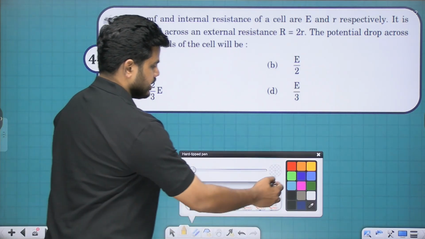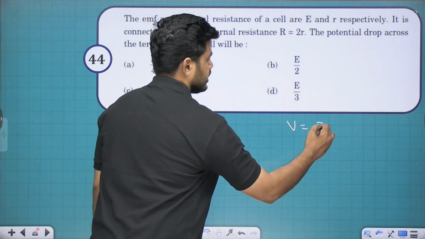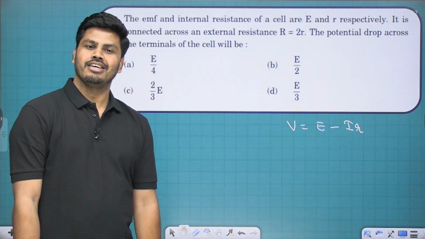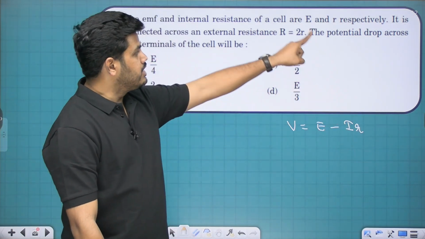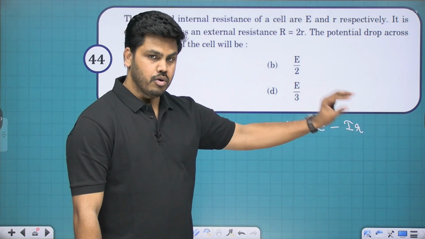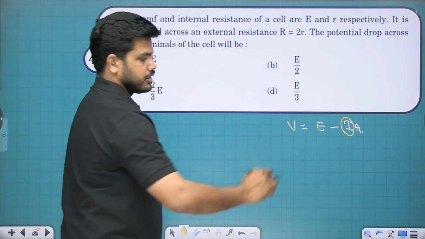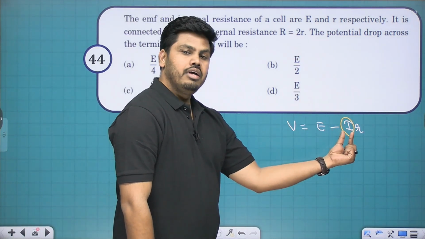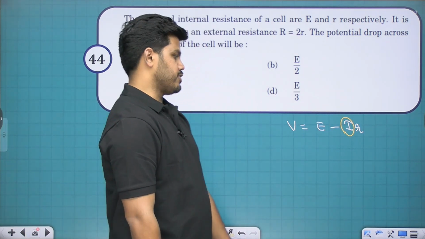We know the terminal potential difference of a cell can be calculated as its EMF minus current into internal resistance. See, we have to find out this V only. E is given already. Internal resistance is r only. The only unknown term in this equation is what? I, the current. Okay, so if you can find out the current, then you can substitute that here, you will get the final answer for terminal potential difference.